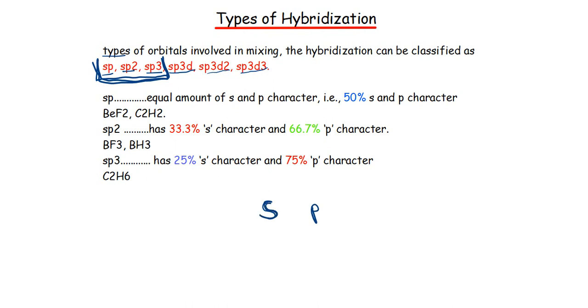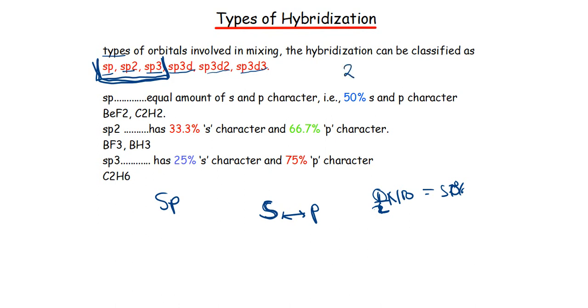So when you say sp, that means when s and p orbitals combine, there are 2 of them, so I can say 1 over 2. The total should give 100%, but for s it will be 1 over 2, so that will give us 50%, right? In sp hybridization, by the way, the orbitals should be of the same energy level.